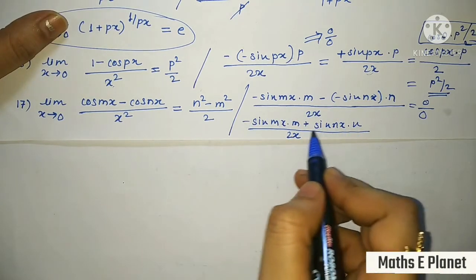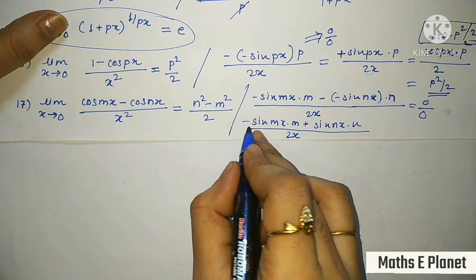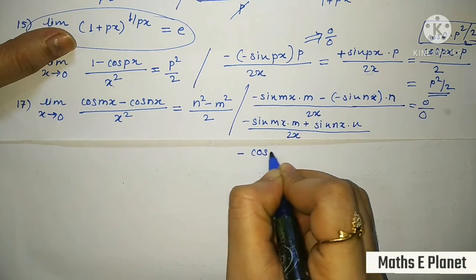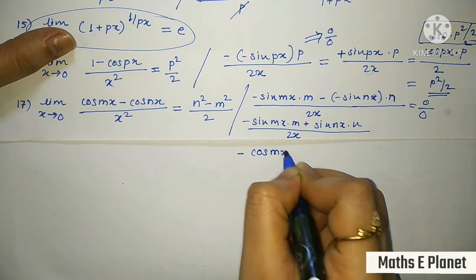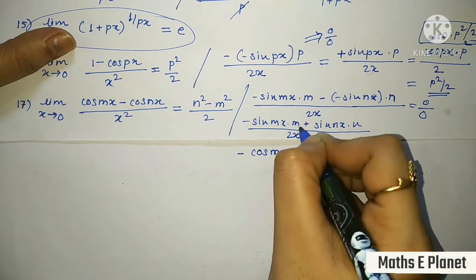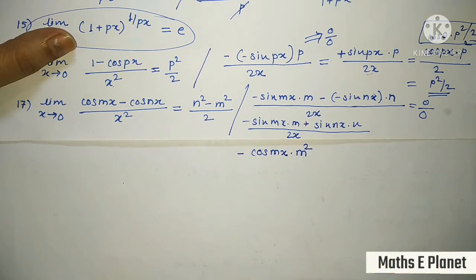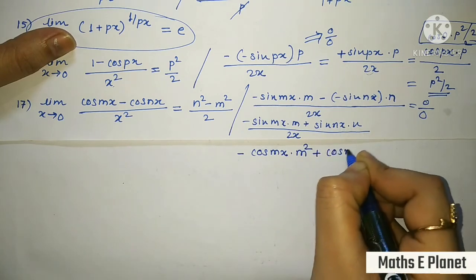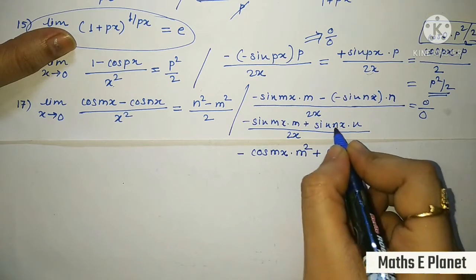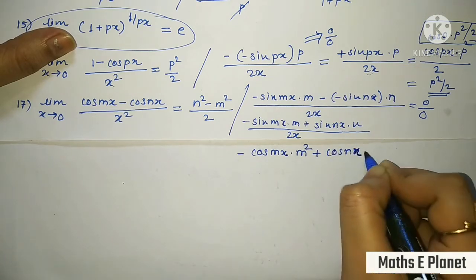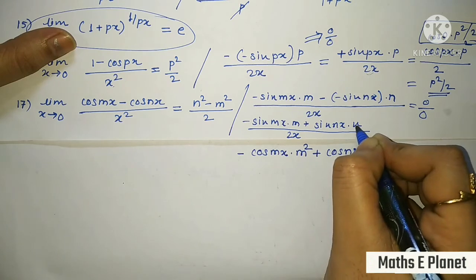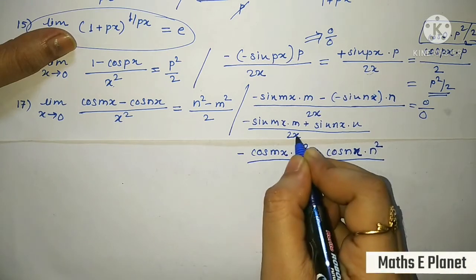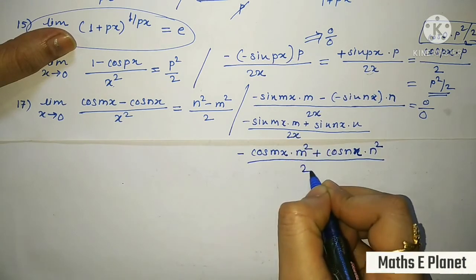Now take the differentiation of this again. The derivative of minus sin mx is minus cos mx, and by chain rule the derivative of mx is m and the initial m, so m into m is m square, plus the derivative of sin nx is cos nx, and by chain rule the derivative of nx is n, and one more n, so n into n is n square. In the denominator, the derivative of 2x is 2.